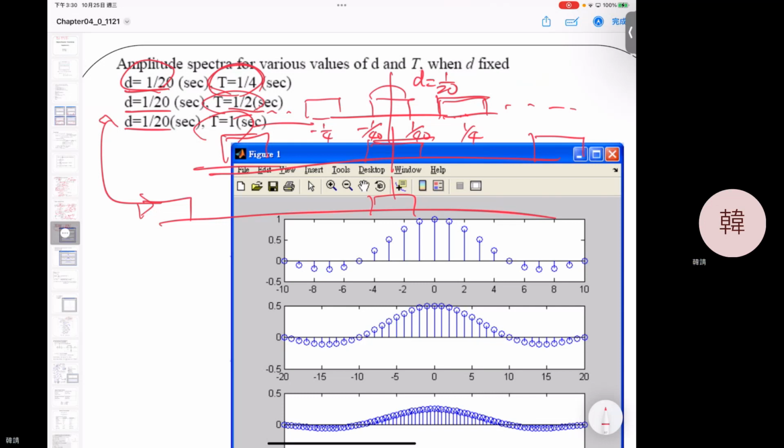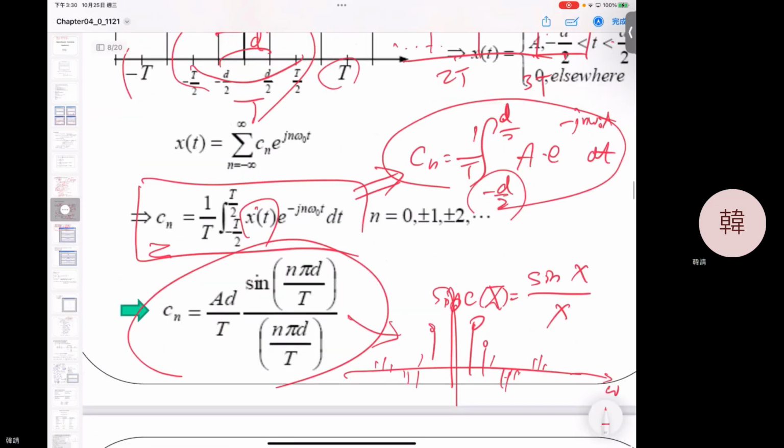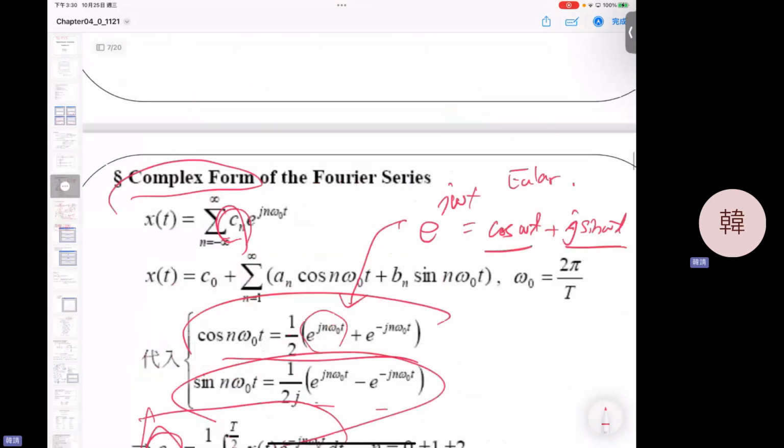Why? Remember what's the omega 0 here? What's the fundamental frequency? Omega t equal to pi, right? So omega 0 equals 2 pi divided by capital T. So omega 0 is your fundamental frequency, 基本频率 in Chinese.